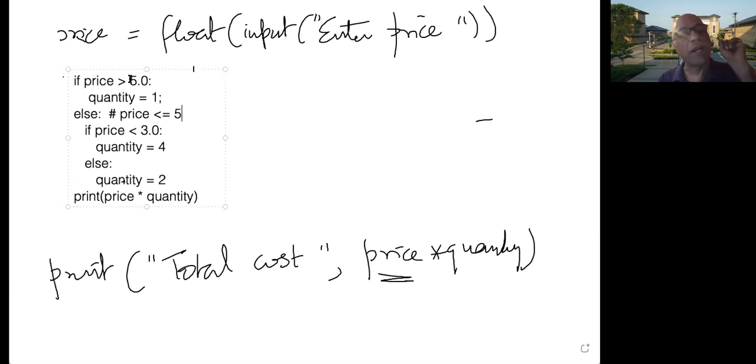Because if price was more than 5, you would have executed quantity equal to 1, and none of this will even be considered. So the moment you get to this part, you know that price is less than or equal to 5.